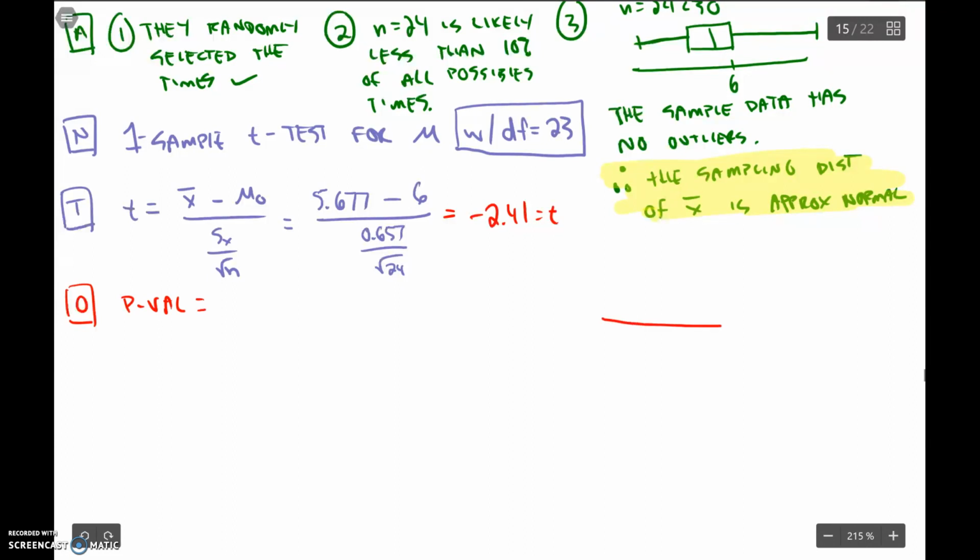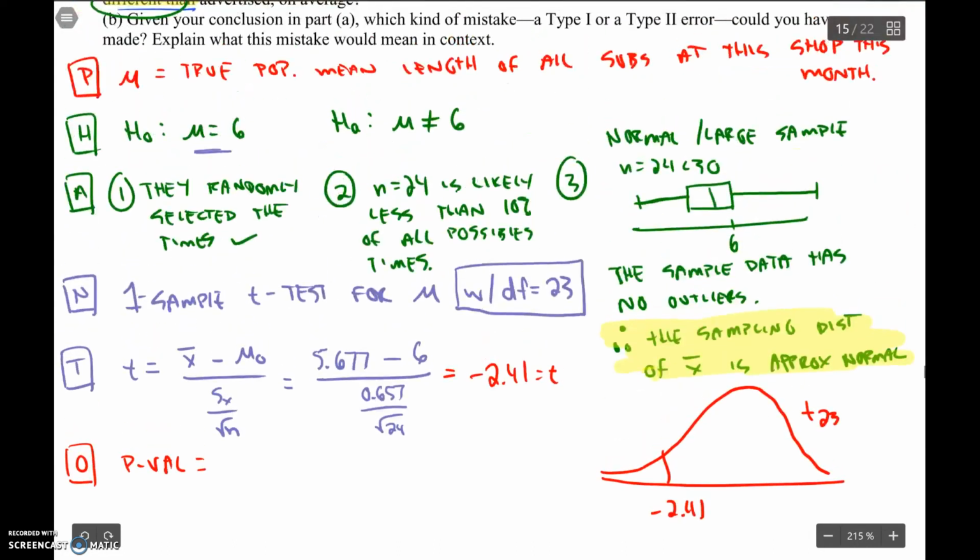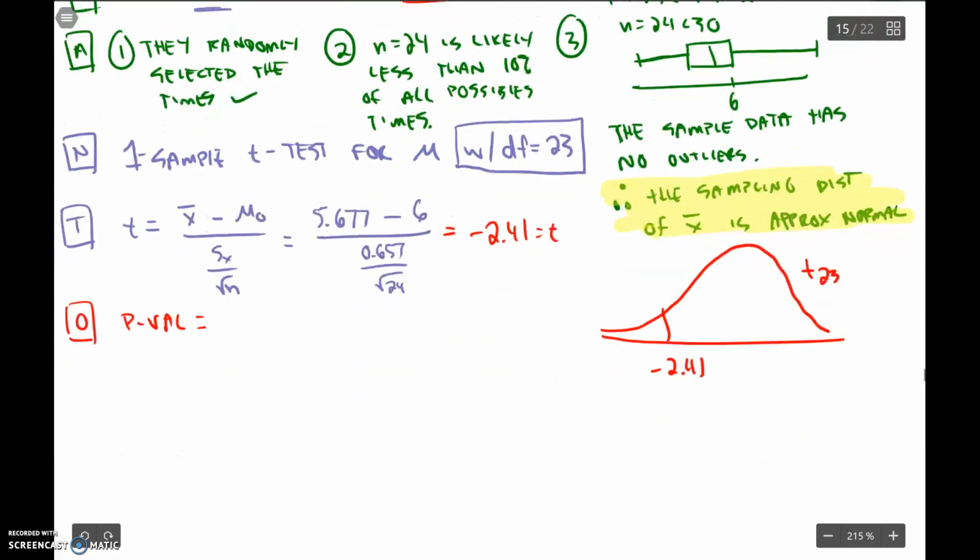All right, so I have a t-distribution with 23 degrees of freedom. My test statistic is negative 2.41, and I have a two-sided alternate. So I need to find the area to the left, and then I need to double it.